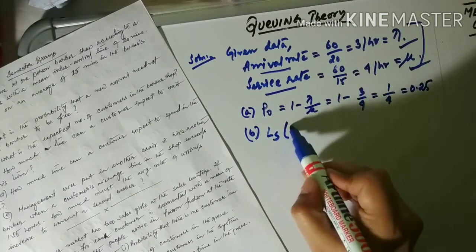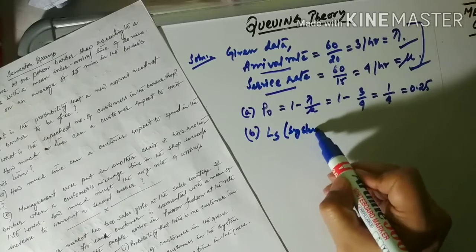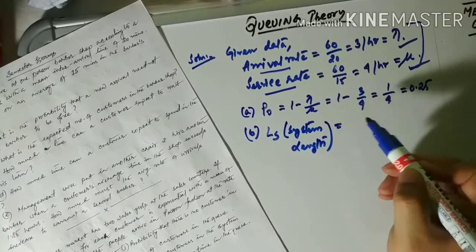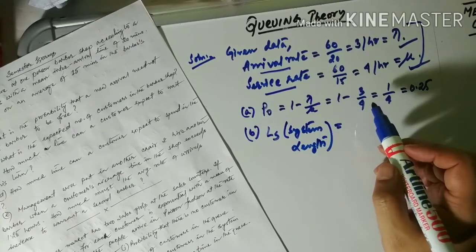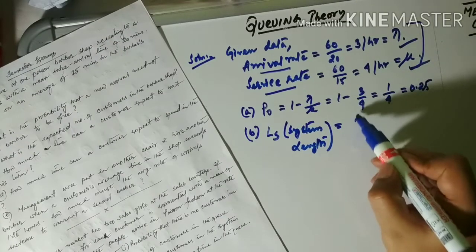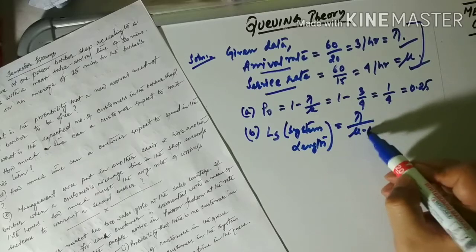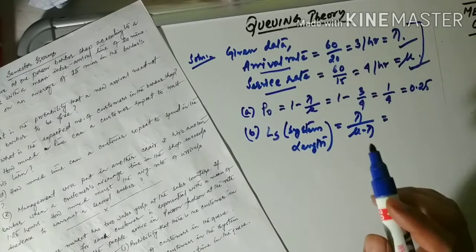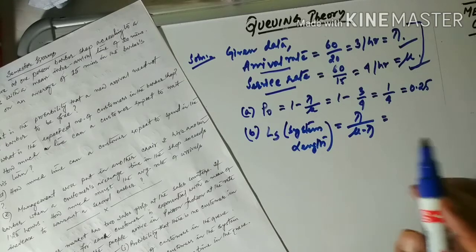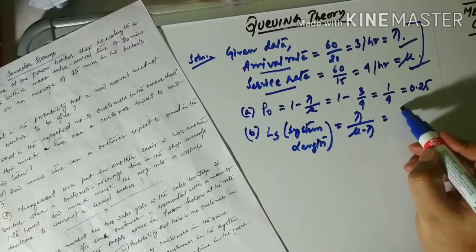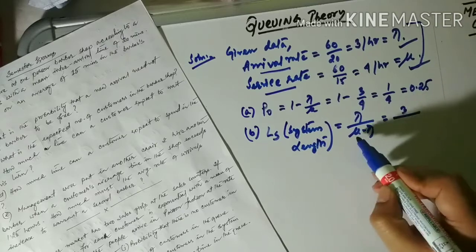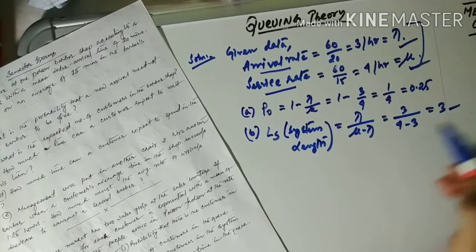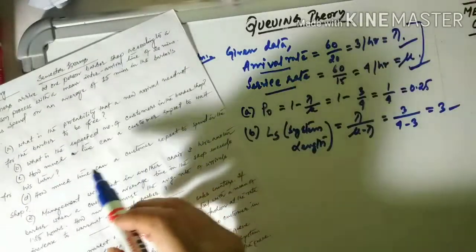The system length is given by LS equal to lambda by mu minus lambda. You can see these are all just formula based. Just remember the formula and you will score high marks. So this is 3 and this is 4 minus 3, which gives you 3. So this part is over.